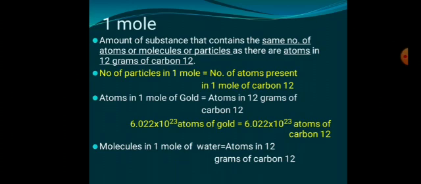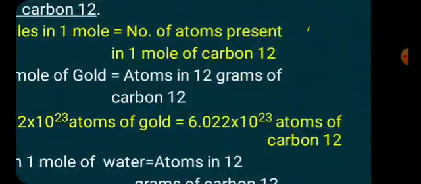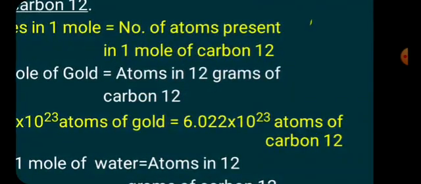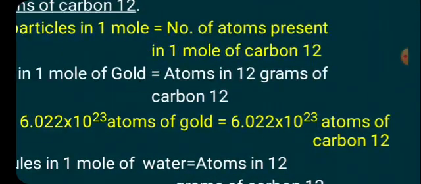So in 1 mole of gold, how many atoms of gold are present? 6.022 into 10 raised to 23 atoms of gold. And 6.022 into 10 raised to 23 atoms of carbon 12 are present in 1 mole of carbon.